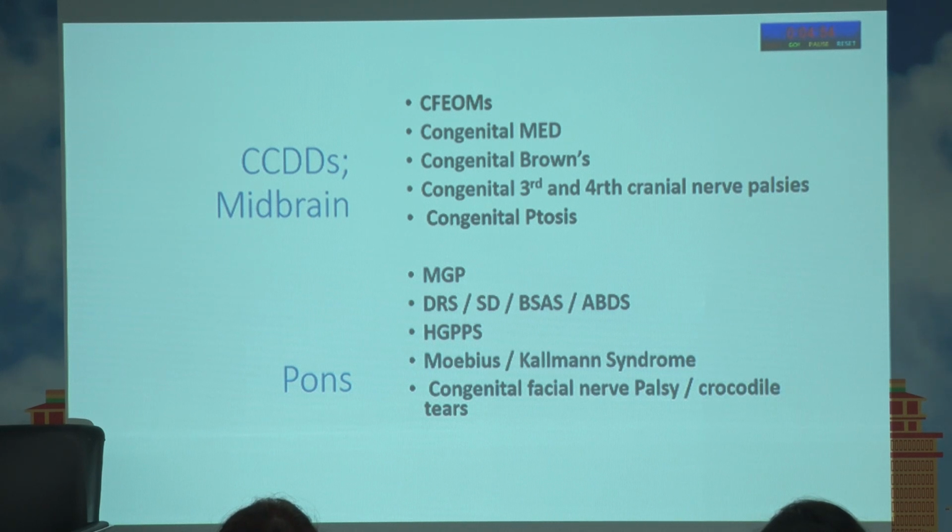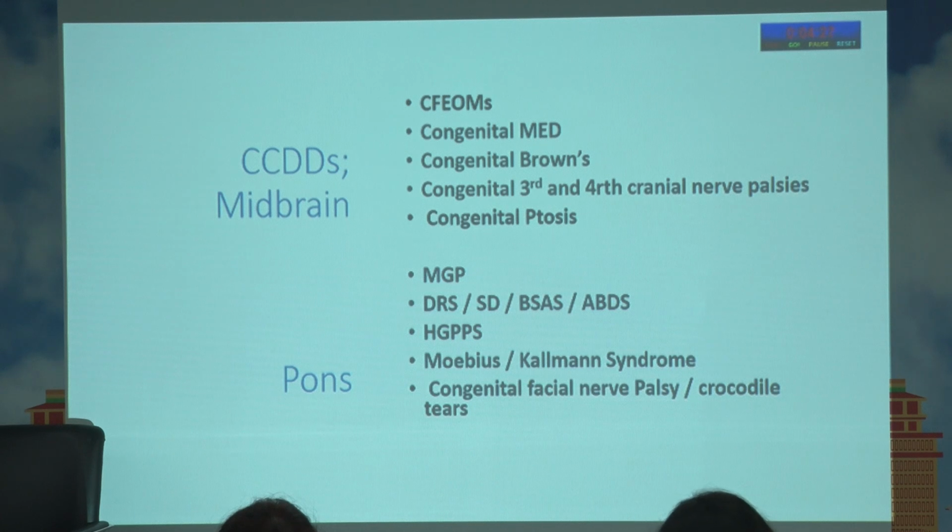This is like bilateral DRS with a lot of middle ear problems. And then you have ABDS, athabascan brainstem dysgenesis syndrome. This is seen in South America. Both these conditions are HOXA1 mutations, which can be shared with DRS. So, there is sort of a cross-connect with DRS, synergistic divergence, BSAS and ABDS.